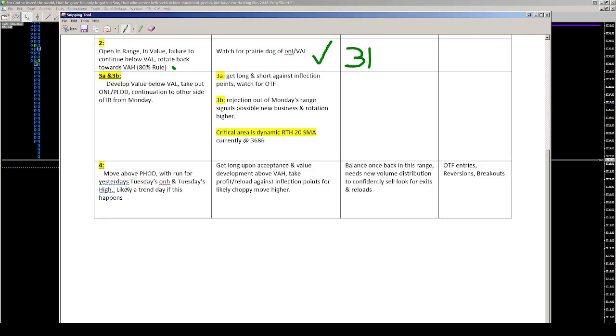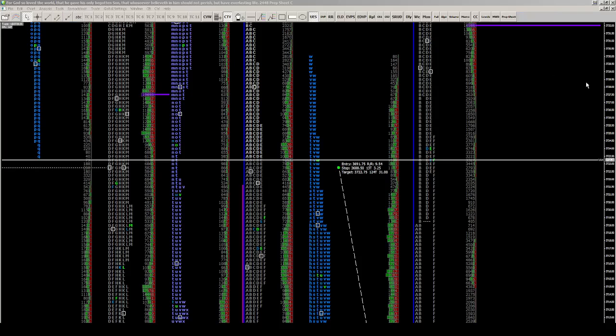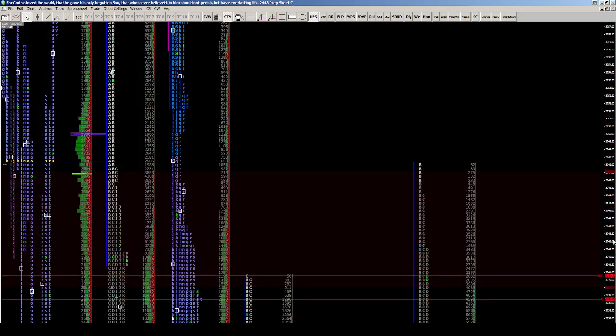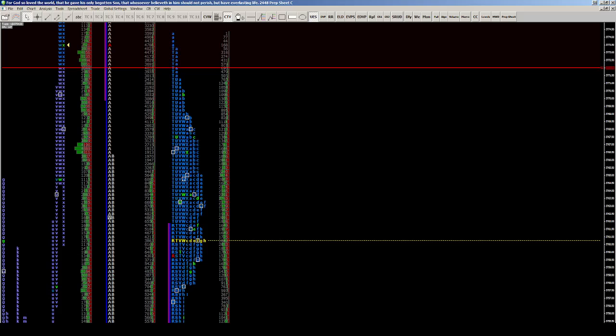Maybe I'm in a slash here at Tuesday's, because the date this was made, yesterday would have been Wednesday, but Tuesday's overnight high had not been taken out as well. So let's just look at the chart. This might help me understand what I was saying at the time. All right, so let's see here. No, we didn't get to. I guess I did mean yesterday's overnight high, because we didn't get to that, and I was all the way up there.